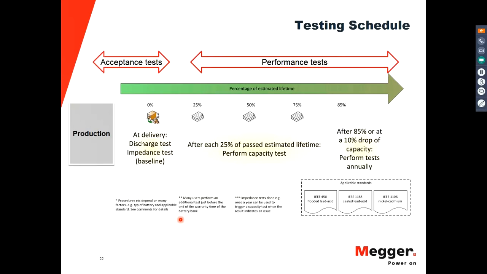And from that point on, you start testing annually because it is around 85% of the life of the battery. So you will do probably 5 or 6 tests on a battery throughout its life.